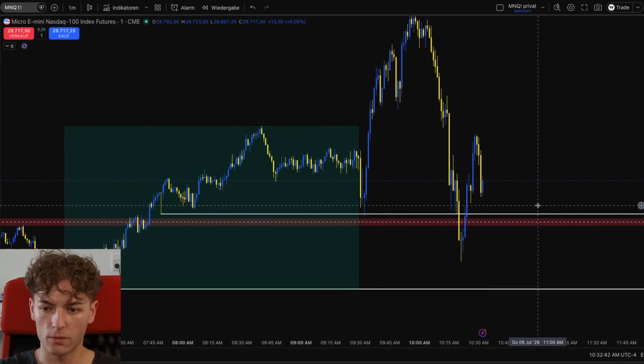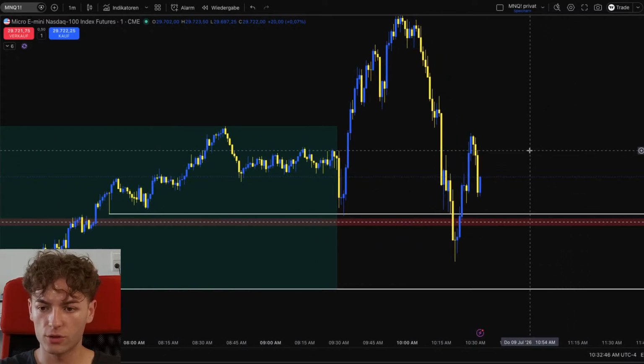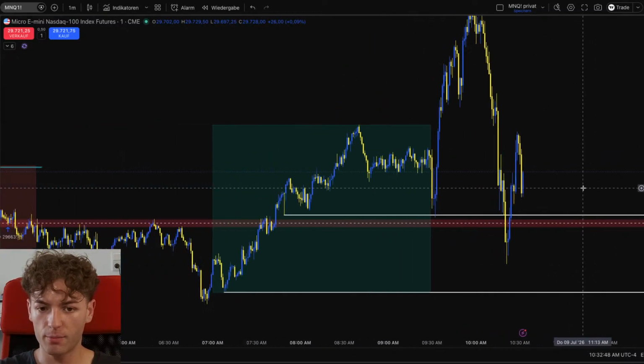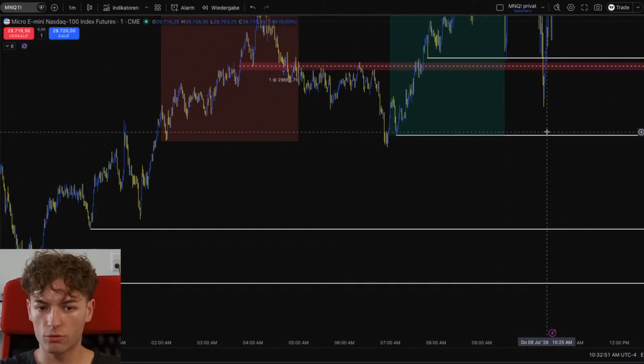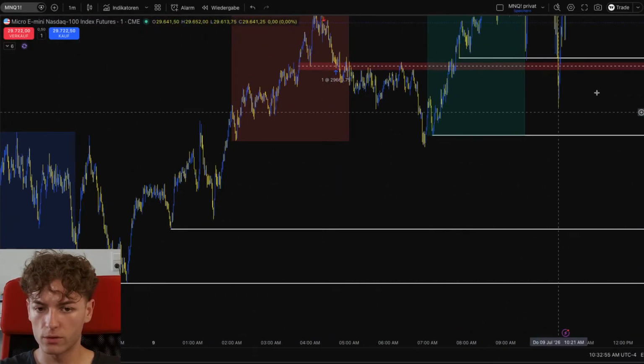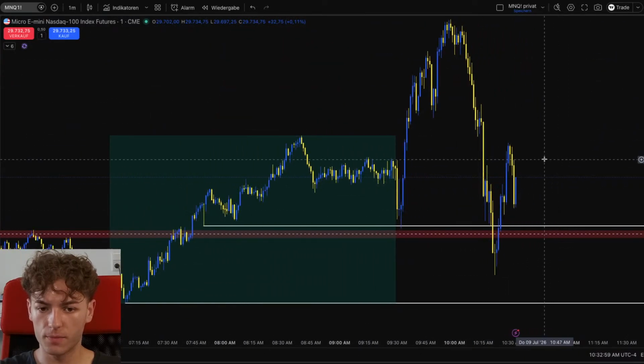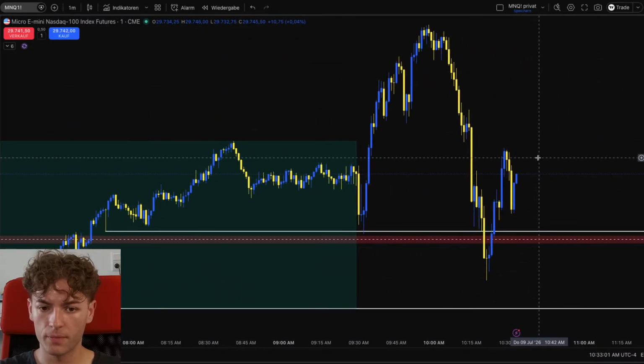And the environment is what? On a daily chart, we are in consolidation. So you should not expect price to run all the way down into pre-market lows and these relatively equal lows. It's just not the right environment to aim for that.